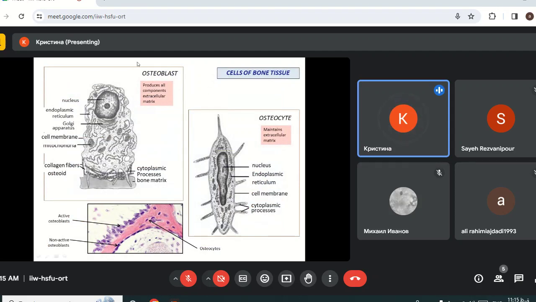So here you can see the cells of bone tissue. These are two cells of one differon, osteoblast and osteocyte. Osteoblast is the non-mature cell. It can divide and make new cells, and its major function is to produce all components of extracellular matrix.